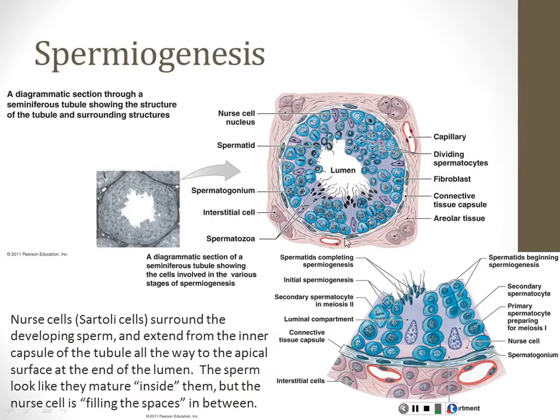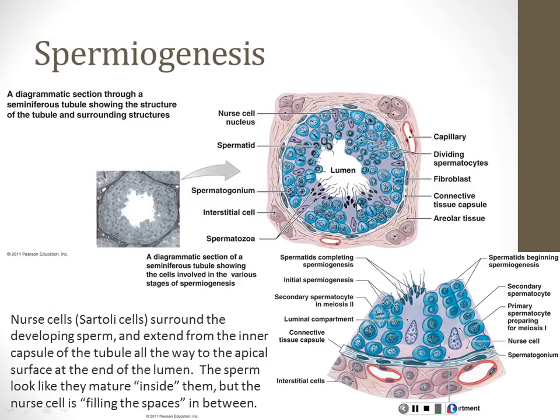The purple cells are wrapped all around the blue cells. So they're not inside the cell membrane. This nurse cell is literally like a blob wrapped around all of these developing sperm cells, providing them the nutrients they need, helping these spermatozoa to attain their final shape.